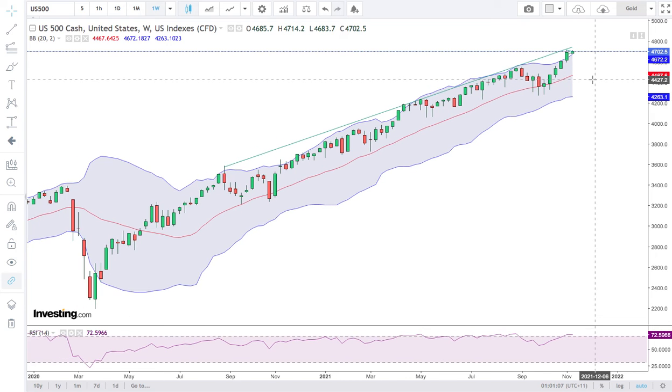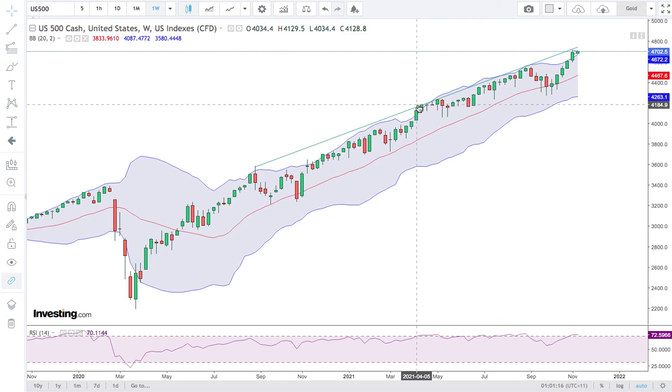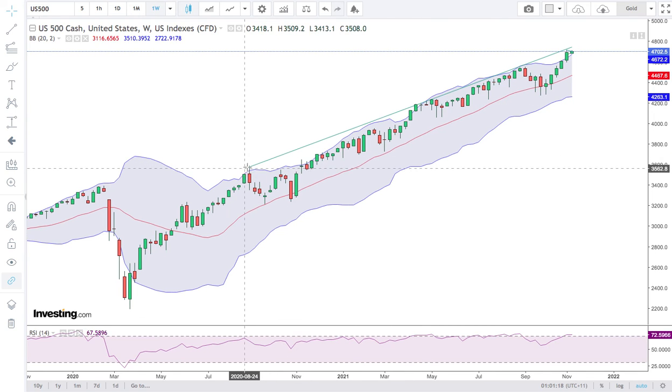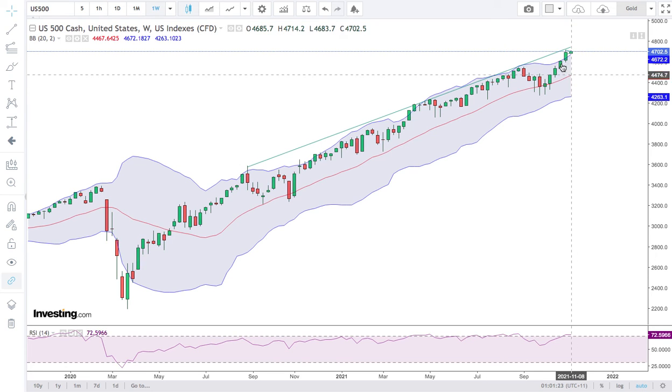It can slow down the pace of accelerating, but to me it is ripe for a pullback to within this band here.